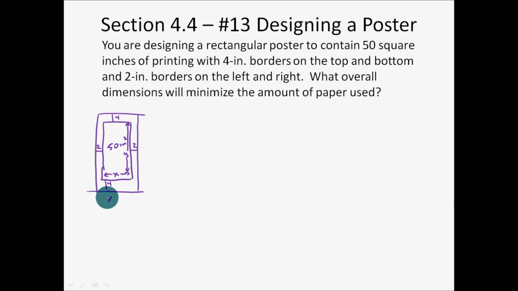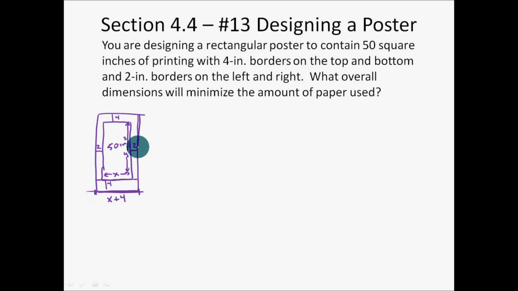So this bottom side I'm going to label as x plus 4. The reason is that there are x inches here from the poster, but then 2 more on the right because of the frame, and 2 more on the left because of the frame. So the whole base, including the border, is going to be x plus 4 inches.